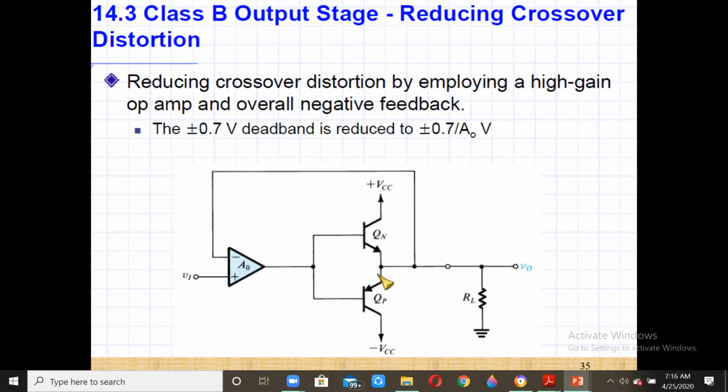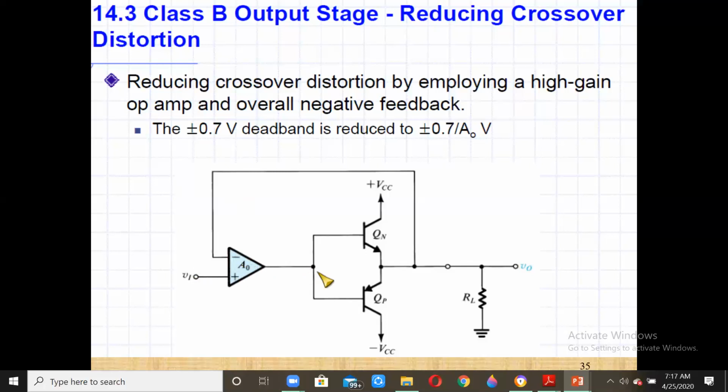So in either case, when we have here either plus or minus 0.7 volts, the input value will be this divided by A naught. That means when Vi is more than plus or minus 0.7 by A naught, then we'll have here a voltage which is more than plus or minus 0.7 volts, because that multiplies with A naught.